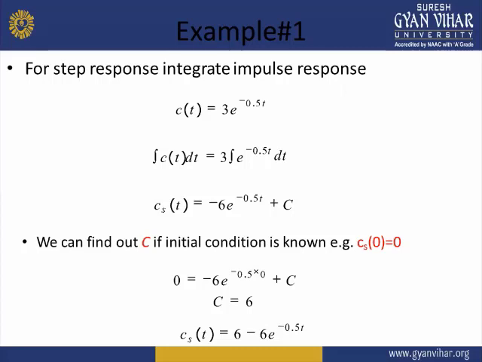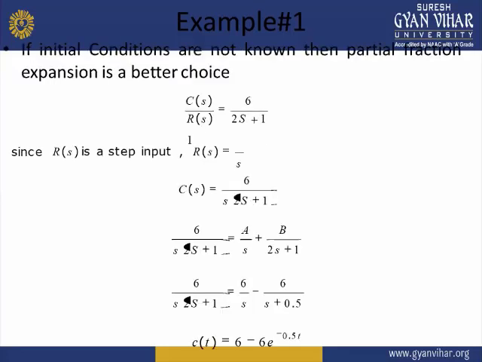We can find the constant c from the initial conditions, and since in this case we do not have any initial conditions, we take it as 0. So c is coming to be equal to 6, and c(t) is equal to 6 minus 6e^(-0.5t). This is your step response in the time domain.